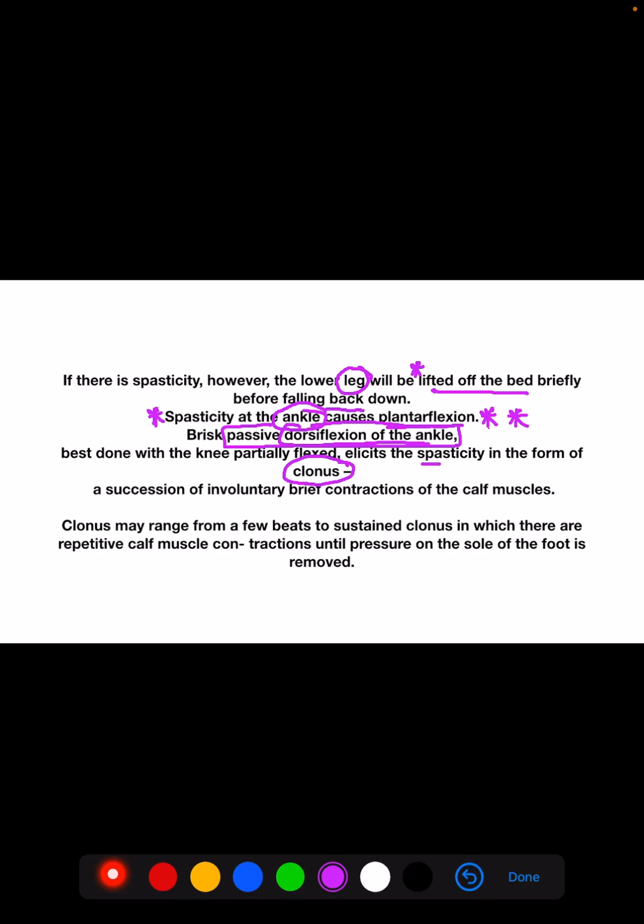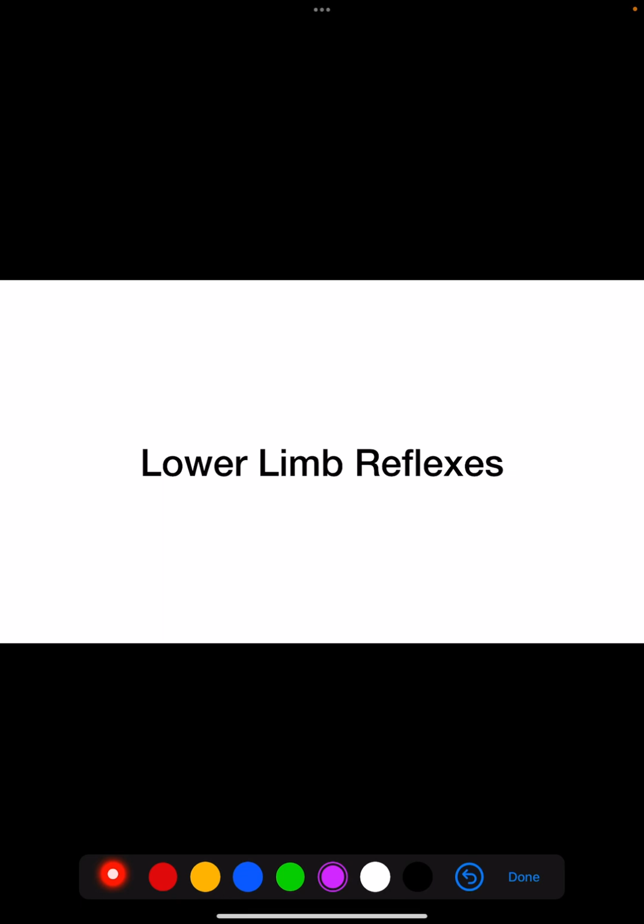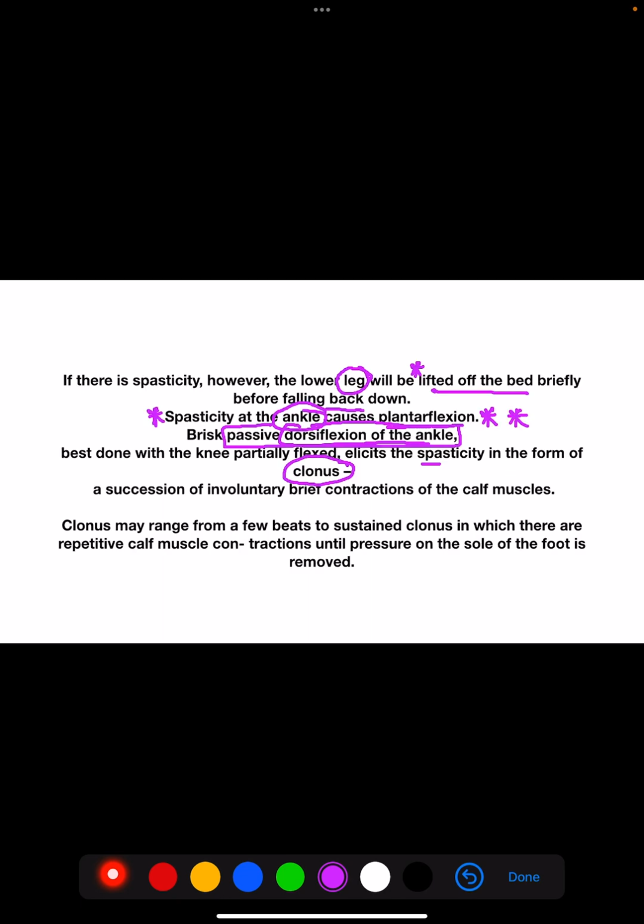So what is clonus? Clonus is a succession of involuntary brief contractions of the calf muscles. This clonus can range from a few beats, or it could be a sustained clonus.